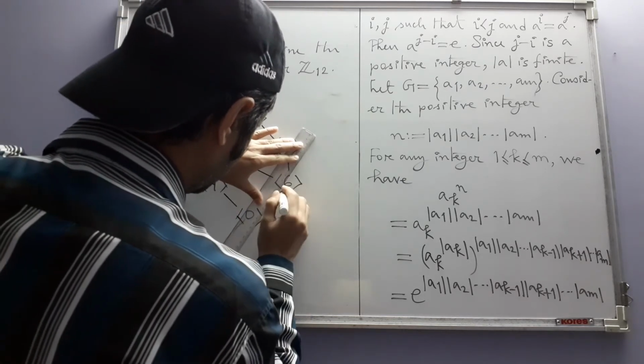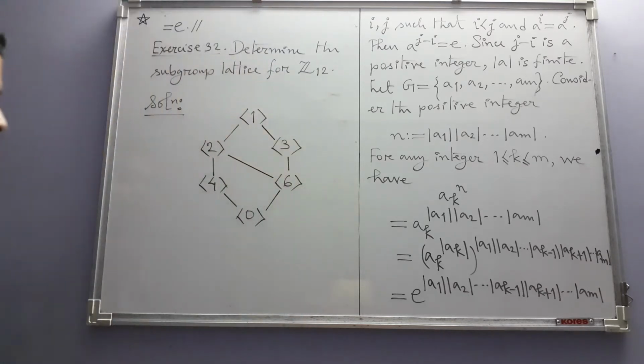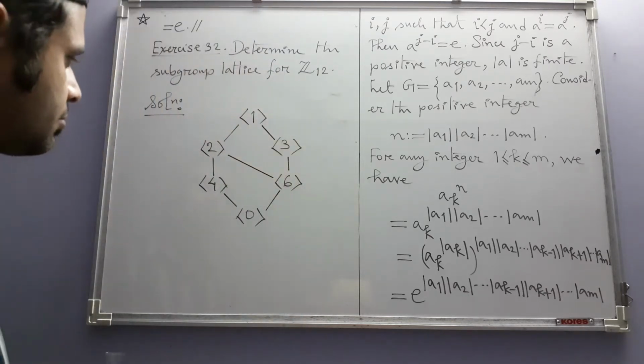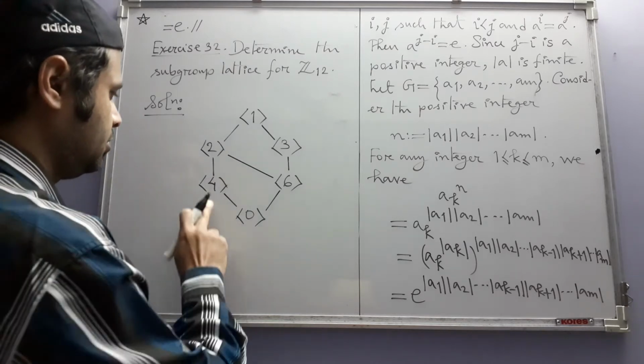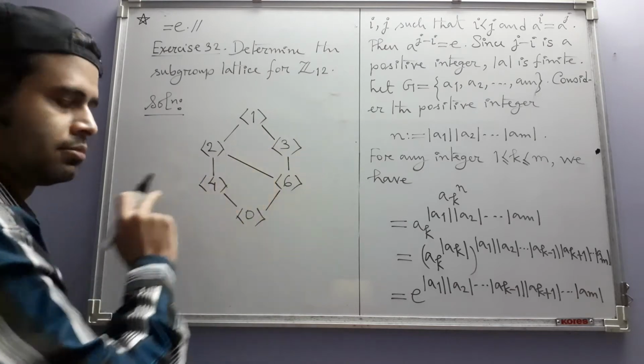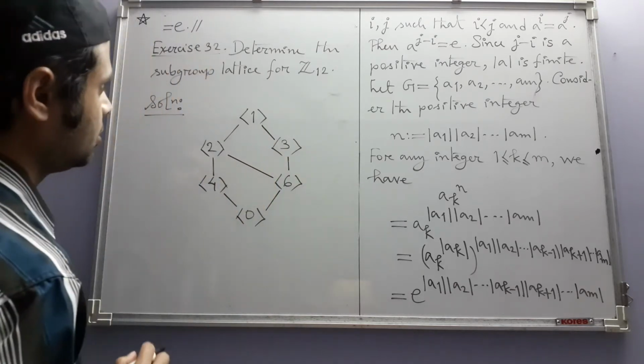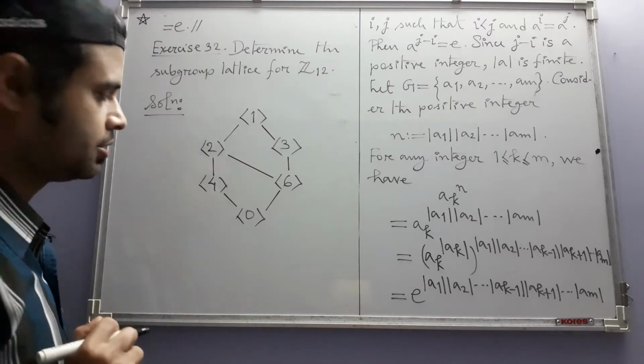So they join like this. Note that this is not a subgroup of this, so we haven't joined them by some edge. So this is the subgroup lattice for Z12.